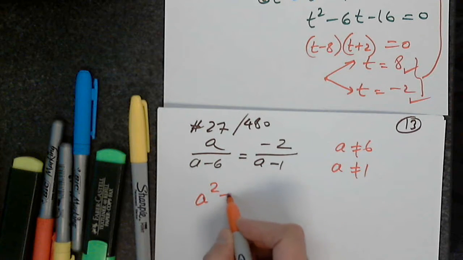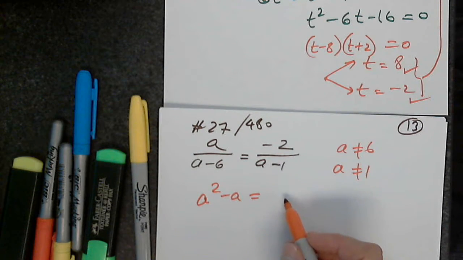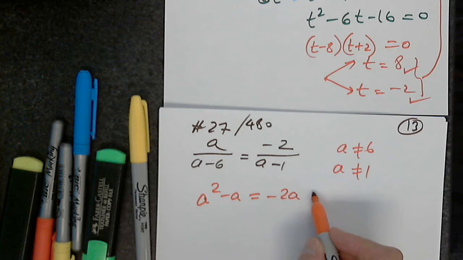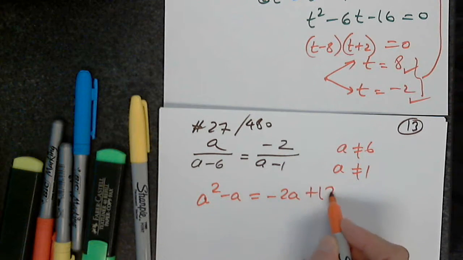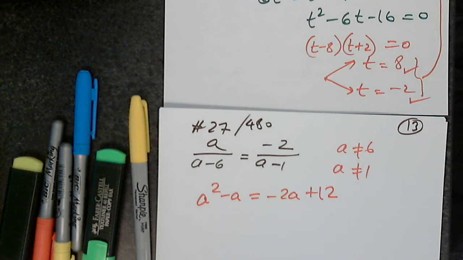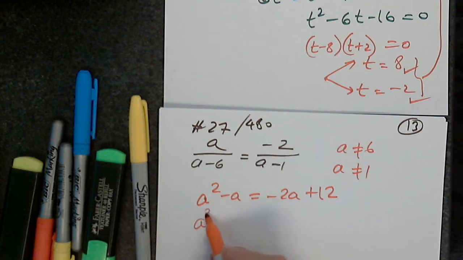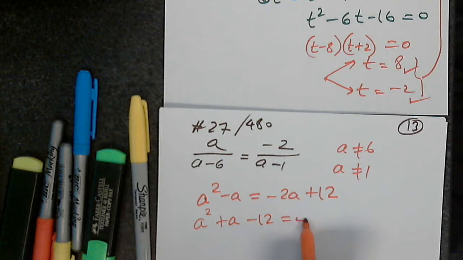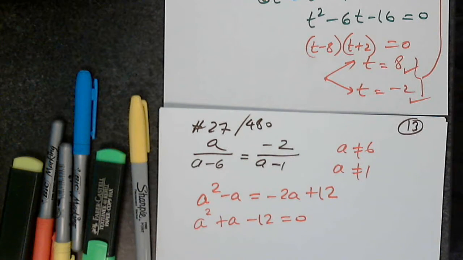a squared minus a equals negative 2a plus 12. Very good. Now this is no longer rational, but what? Okay, what do I do in a quadratic? I move negative 2a to the other side, it becomes positive 2a.